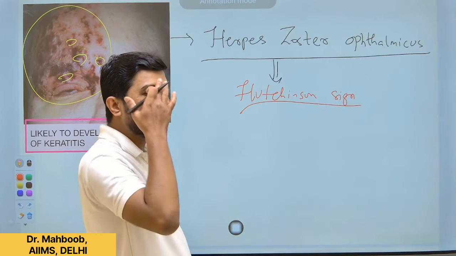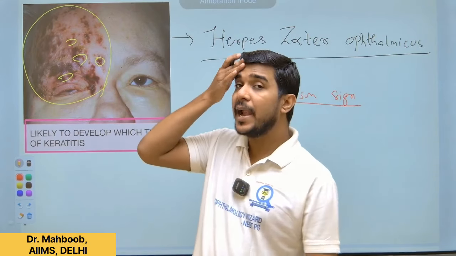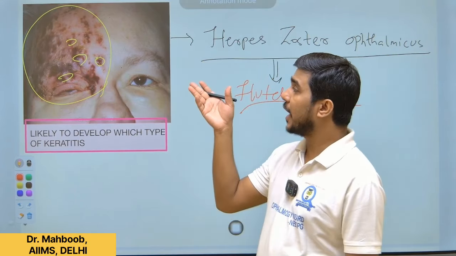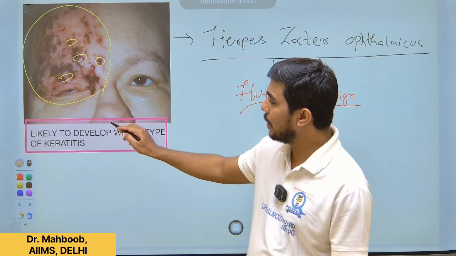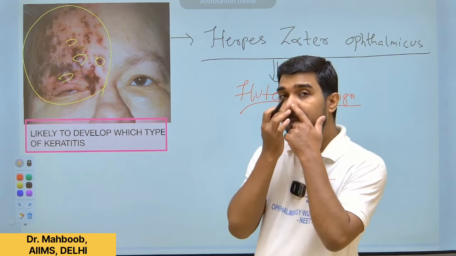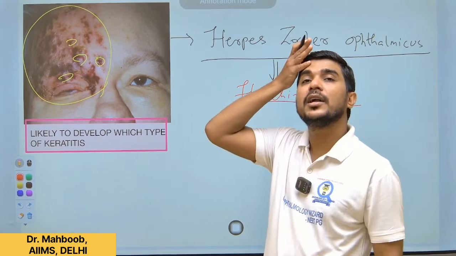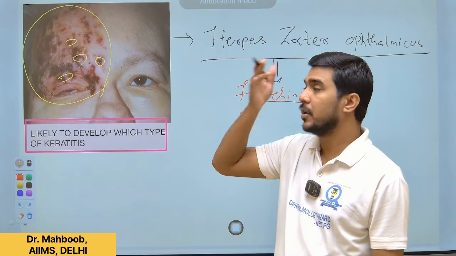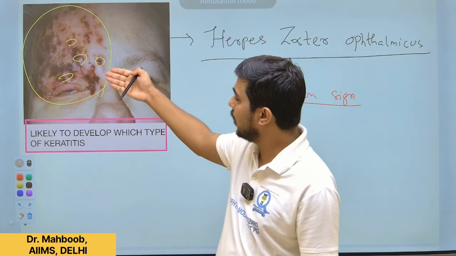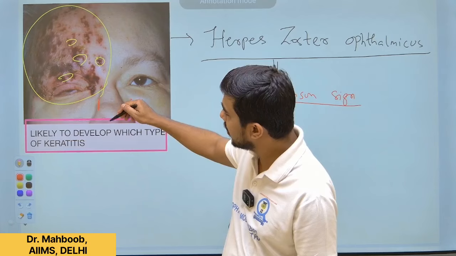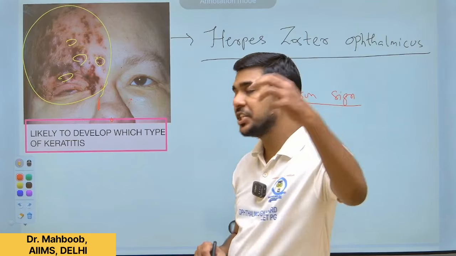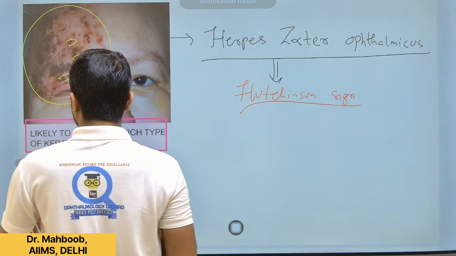There is a lesion on the side of the nose and along the dermatome of the trigeminal nerve. It will be here, in the nose, on the side, and on the tip, along the dermatome of the fifth nerve. So this is the dermatome, and it will be on the side and on the tip too. That is Hutchinson sign found in herpes zoster ophthalmicus.